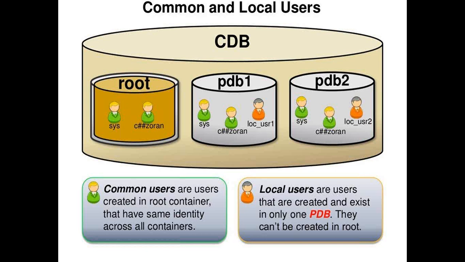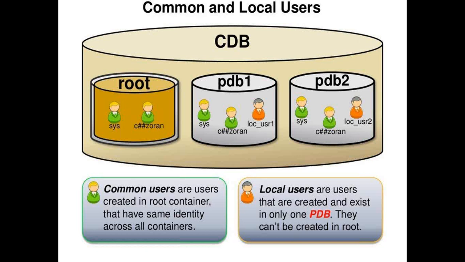For example, you can see in this diagram, C##Zoran is the user which is present in the main container database, which is root. So if this user is created in main container database root, automatically this user will be created in pluggable database 1 as well as pluggable database 2.